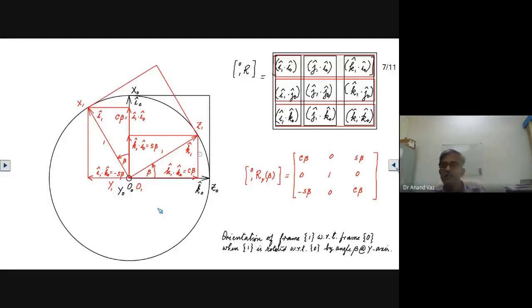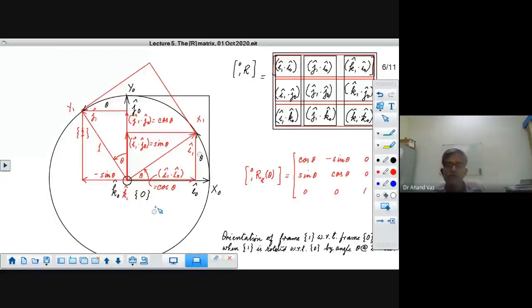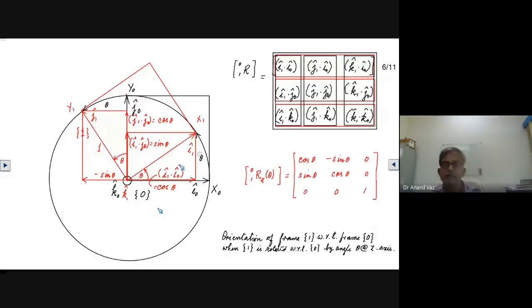The same thing applies for the previous case also, where, if you look at it carefully, the rotation was about the z-axis. So the z-axis, that is the third column, remains unchanged.